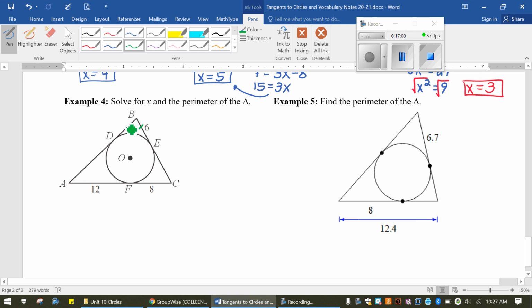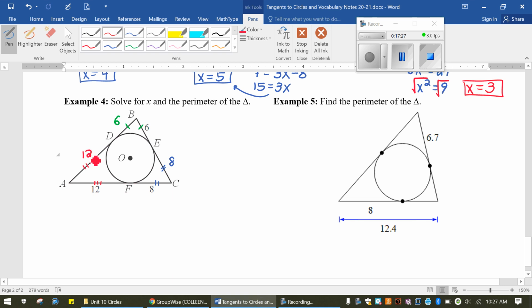So if this is 6, then BD should also be 6. And then I'm going to come down here and look at CF. If this is 8, then CE should also be 8. And then my last part, if AF is 12, then that means that AD should also be 12.